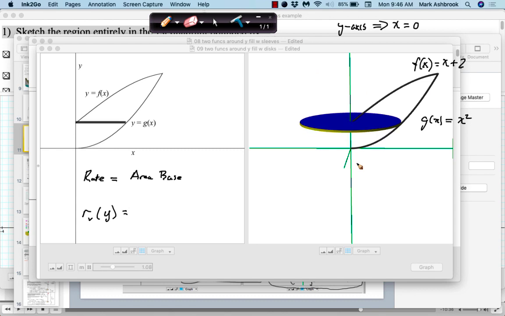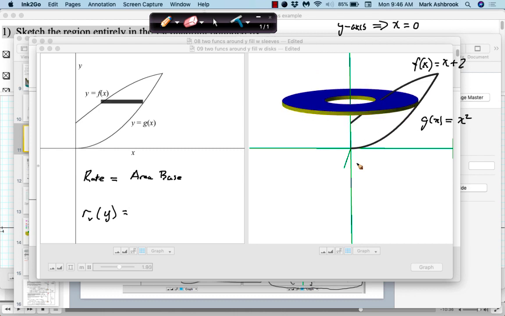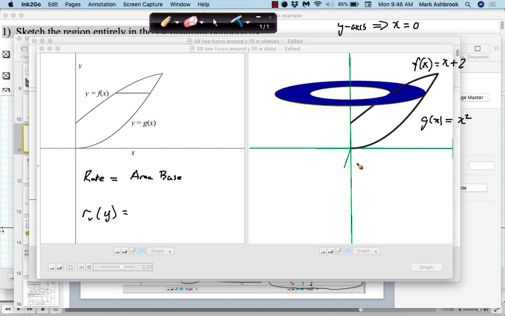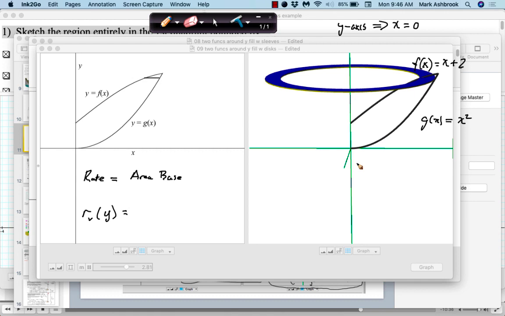But then when y passes y equals 2, what do you have? Washers, right? They're like washer type cylinders. You got a hole in the middle, which means our rate changes. The rate of change function is still area of the base, but our base is first solid, and then you get to y equals 2, and then there's a hole.